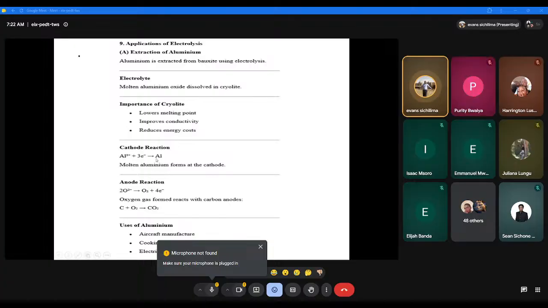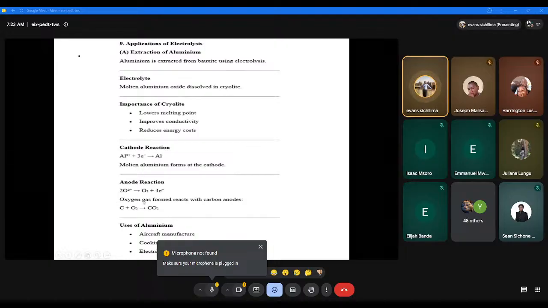While at the cathode we have aluminium ions gaining 3 electrons, at the anode oxygen ions lose electrons, being oxidized to oxygen gas and giving up 4 electrons. If you were to merge these half reactions to come up with the overall reaction, you need to take note that here you have 4 electrons, there you have 3 electrons. So you know what to do with such numbers.